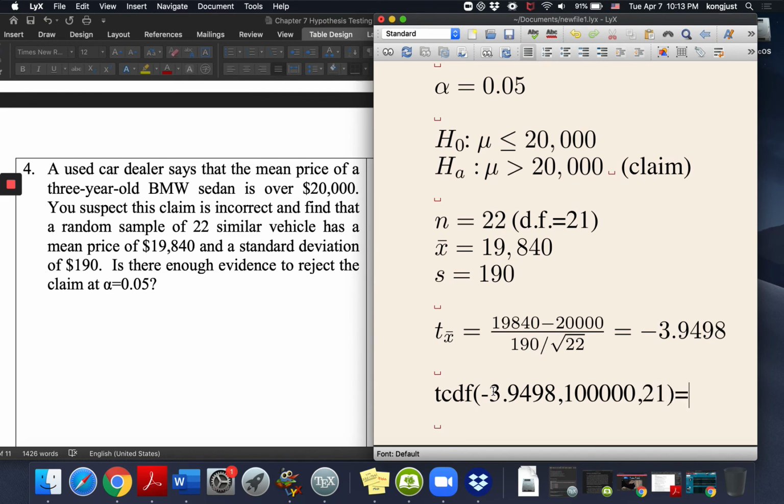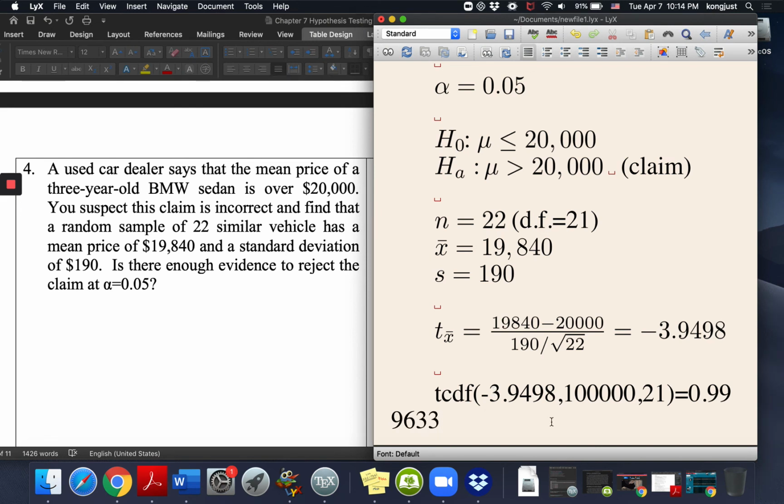Okay, so let's see what this is. tcdf negative 3.9498, comma 10,000, comma 21. I think I put 100,000 again, but that's not a big deal. Okay, this is 0.99963.